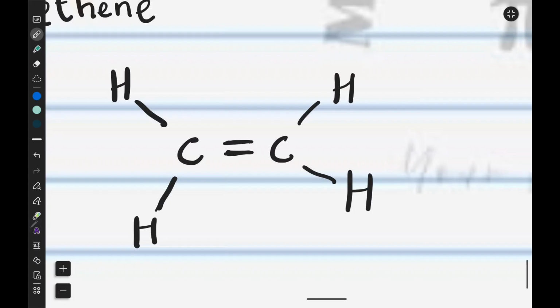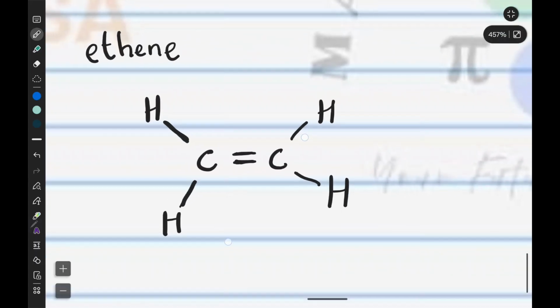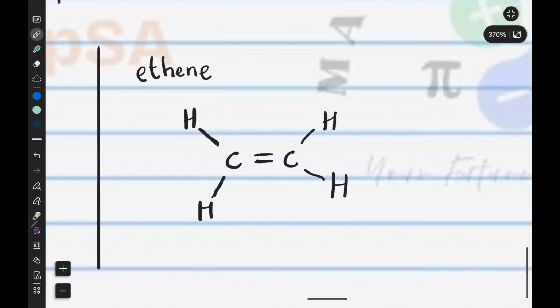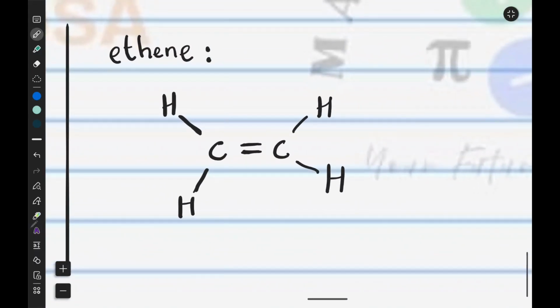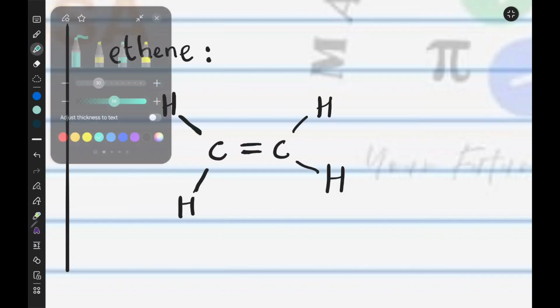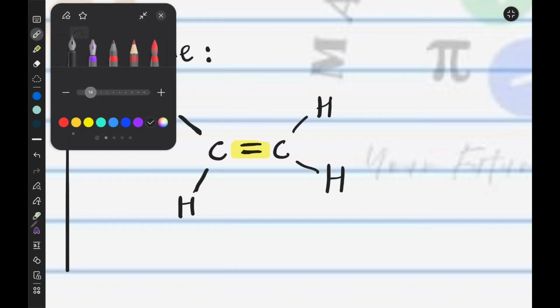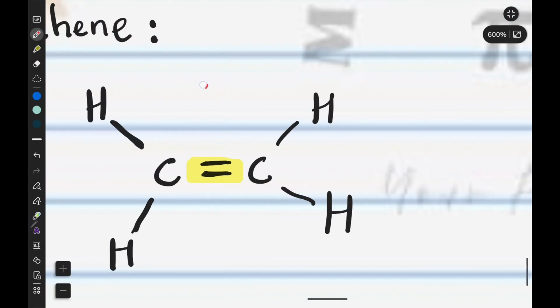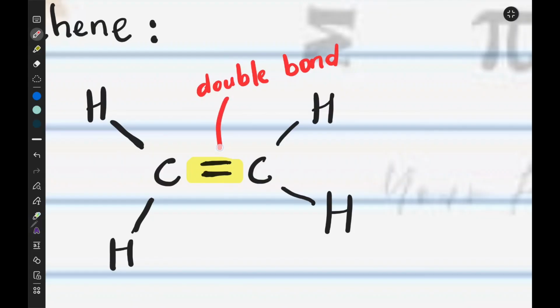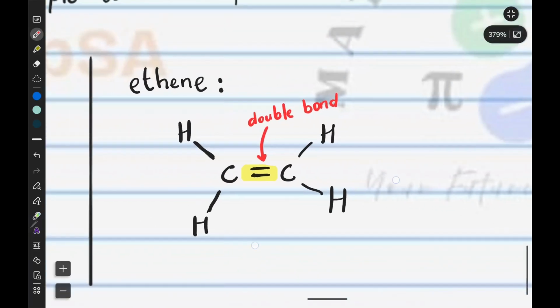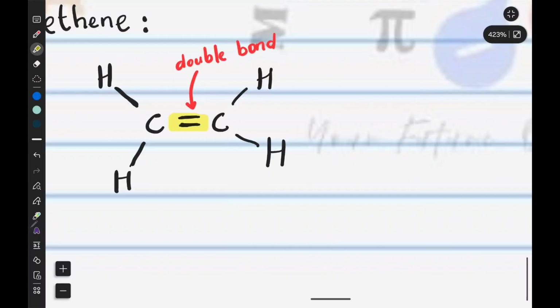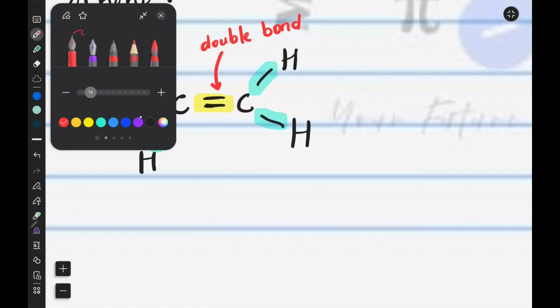So for ethane, they're like that. Just a side note. Okay, so now if you check here, we have 2 bonds. This is a double bond, and these are all single bonds.